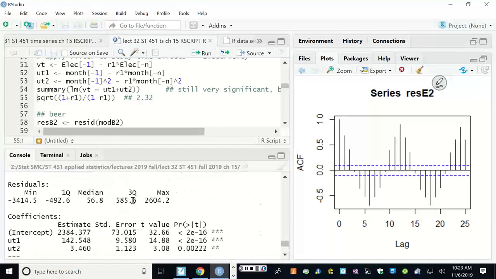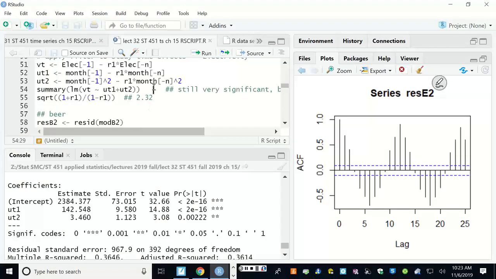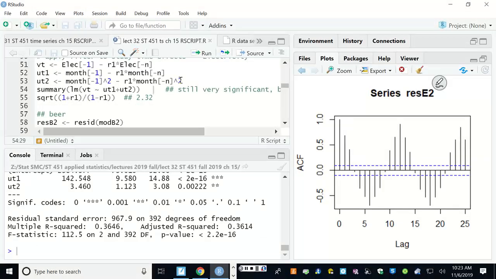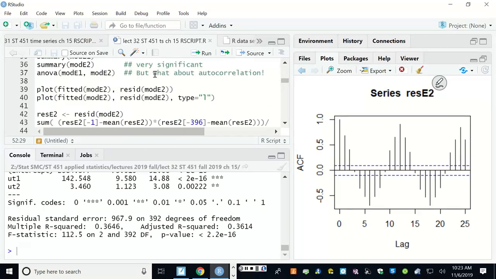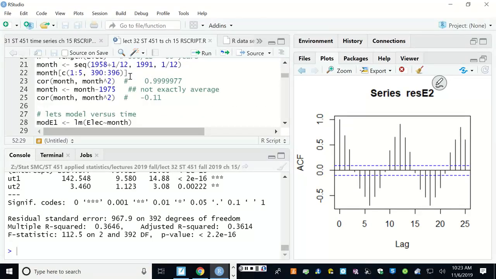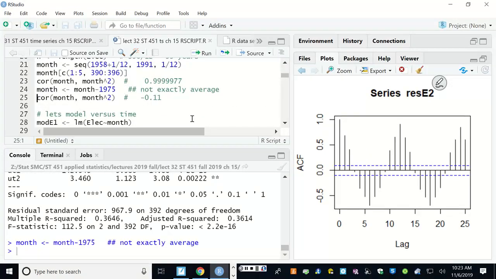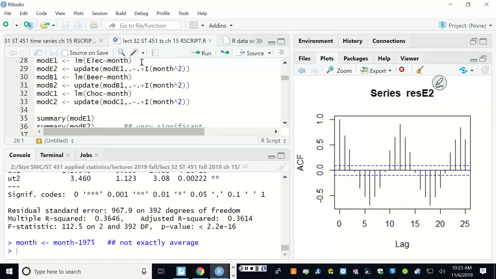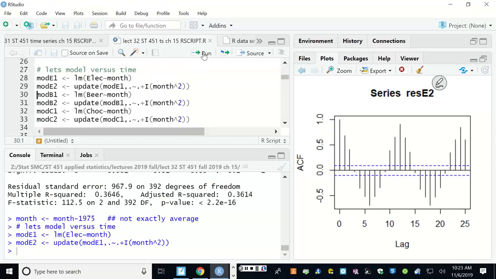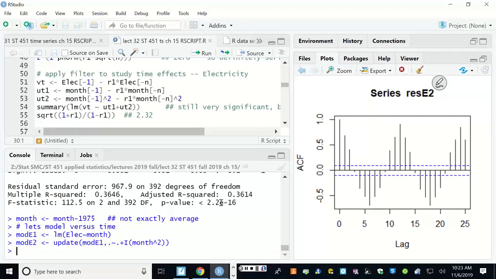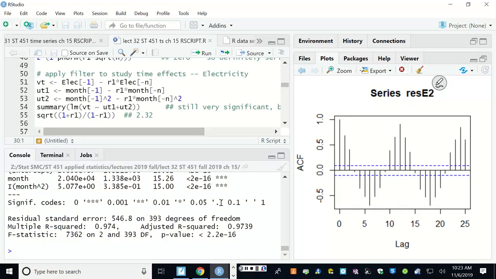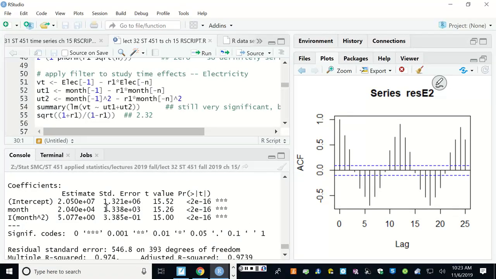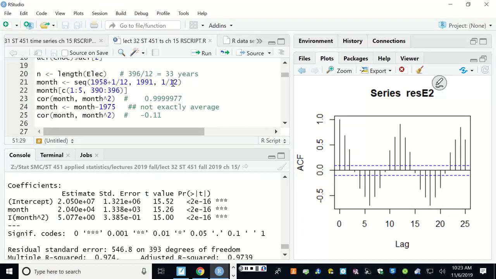Summary of, let's see, so month is changed, okay. Let me double check that. And then electricity versus month changed. And summary of mod E2. What is going on? Oops, I probably have subtracted it twice now.